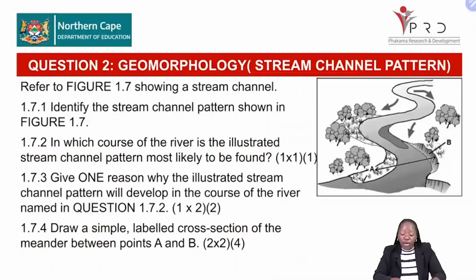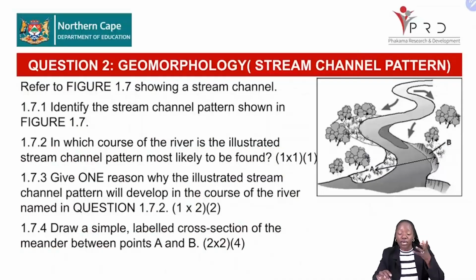Then in our next question, we are still on geomorphology. It's based on the stream channel pattern. Refer to figure 1.7 showing a stream channel. As you can see there, this is a river that is meandering. We can see there is A, there is B there.